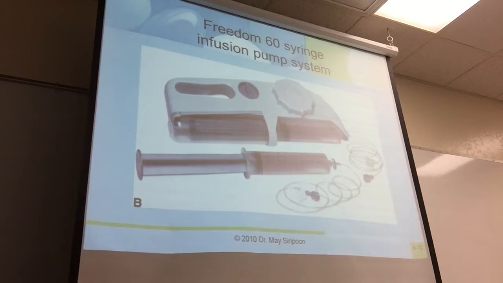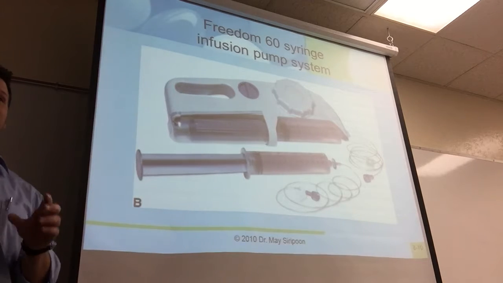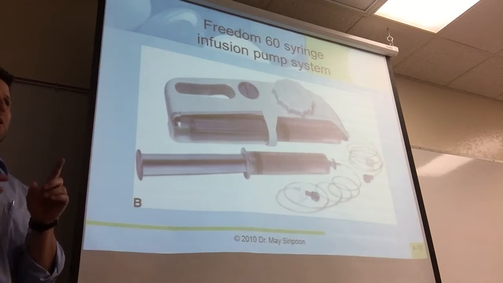The ones that we use at the hospital, you put the syringe in there, and it has a clamp that goes around the barrel of the syringe, and then it'll say what brand is this, and when you type in the brand, it has all the measurements of the syringe barrel size. So let's say I have a Terumo 30cc syringe, and I put it in my syringe pump. It will say, what brand is this?